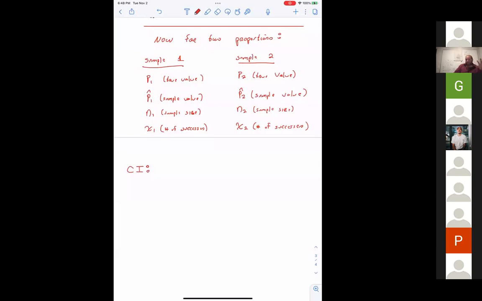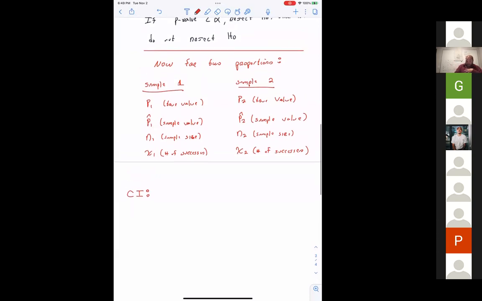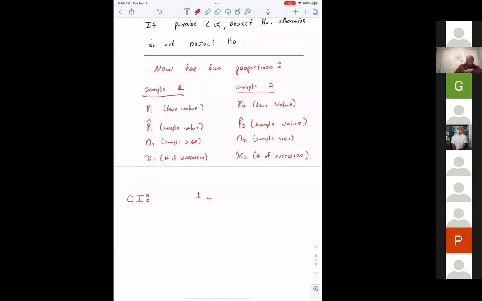Remember what a confidence interval is, right? In general, it's going to be the estimate plus or minus Z star times the standard error. So the first question is, what's our estimate going to be? When you're comparing two proportions, very rarely do we care about the specific values of the first and the second individually, but rather it's their difference that I care about.